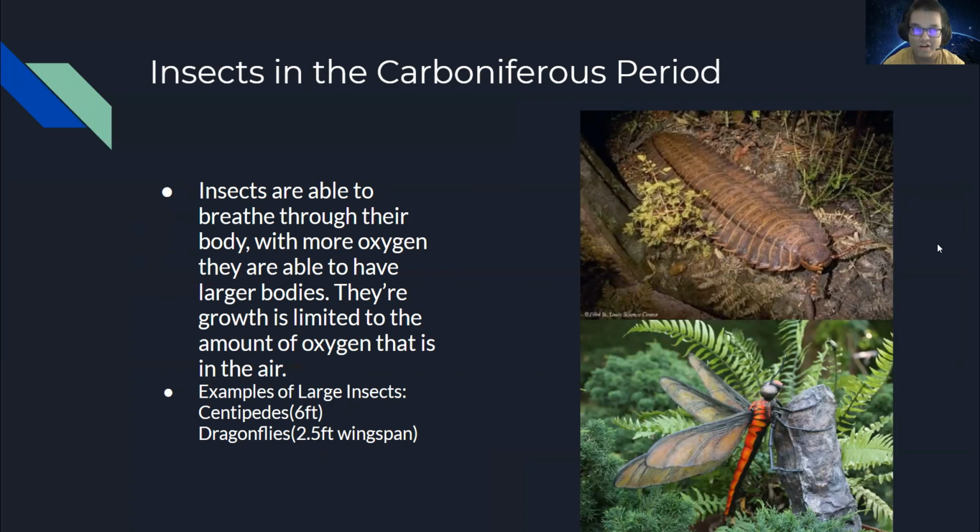This allowed them to grow larger because they had more oxygen in the atmosphere. Their growth was limited to the amount of oxygen in the air back then, and that is why they are not as big as they are today. They're only tiny little guys now. Examples of the large insects would be the centipede, which was about 6 feet, and the dragonfly, which had a wingspan of about 2.5 feet.